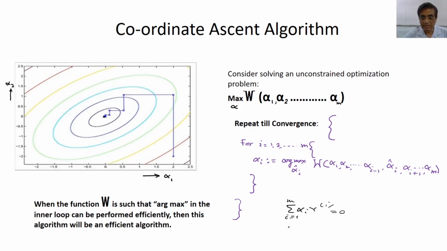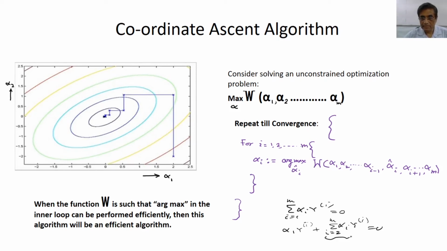So it's very simple. Say for a level, alpha 1 y1 plus the sum for i equals 2 to m of alpha_i y_i equals 0.